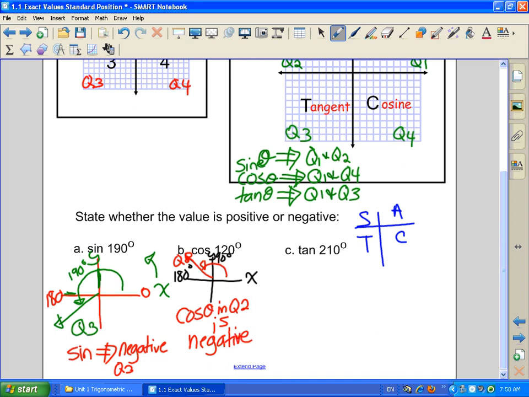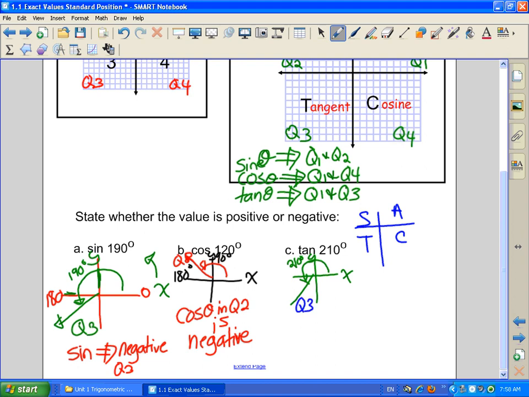All right, let's take a look at the third one: the tangent of 210 degrees. Again, we go over past 180, down here to 210. That's my angle of 210 degrees rotating. What quadrant are we in?